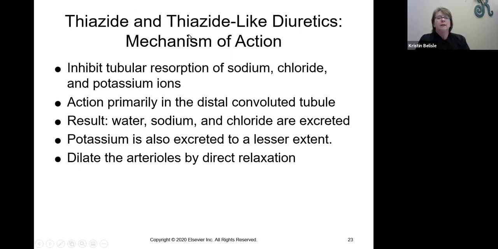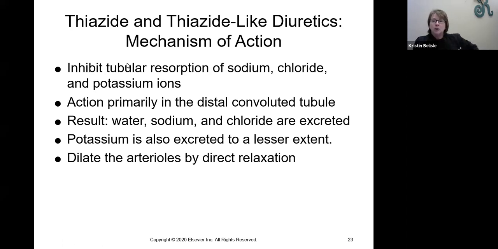Sorry. Okay, they inhibit tubular reabsorption of sodium chloride and potassium ions. So once again, they're wasters. It takes place in the distal convoluted tubule. Because of that, we're looking at a 5 to 10% reabsorption of sodium and water at that point in the filtration, unlike the 20 to 25% in the loop of Henle.